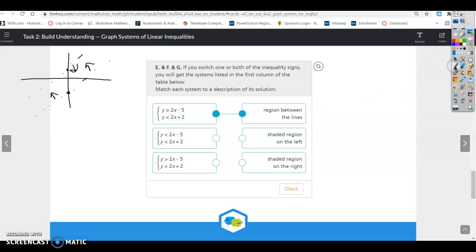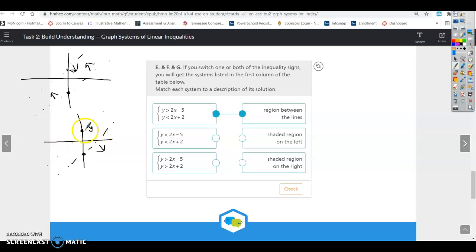All right, the next two inequalities right here. So we're going to sketch that real quick. So I got a y-intercept of -5 and a slope of 2. And we want less than this line. And then we want a y-intercept of 2 and a slope of 2. And we want less than that line.